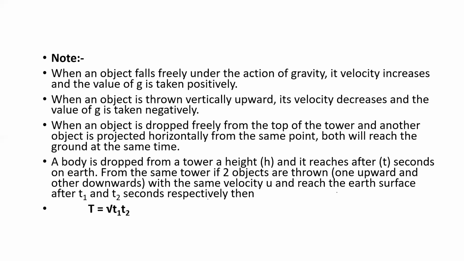Then next we discussed acceleration, its definition, types of acceleration, unit, dimensional formula, then equations of motion. So these are the contents of this chapter. Based on this, we will see some application based questions as well as direct questions. So let us start with the first question now.